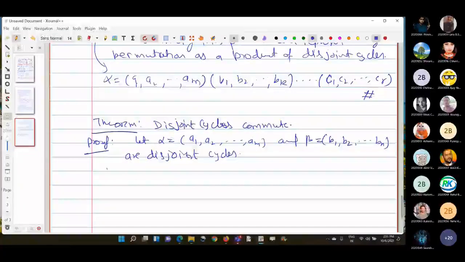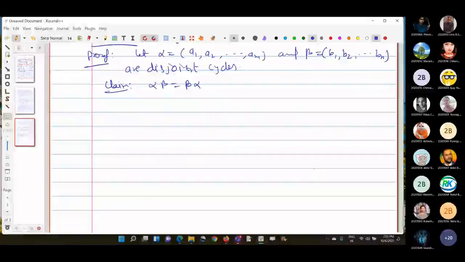Okay. Then we claim alpha times beta equals beta times alpha. So this is what we are supposed to prove. Because alpha and beta are permutations, we need to take the image.